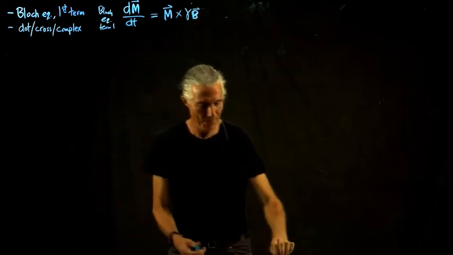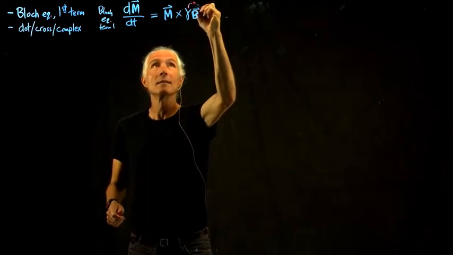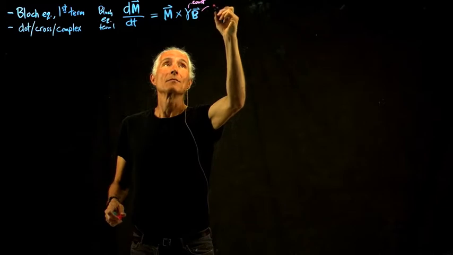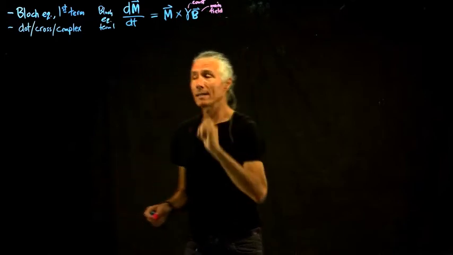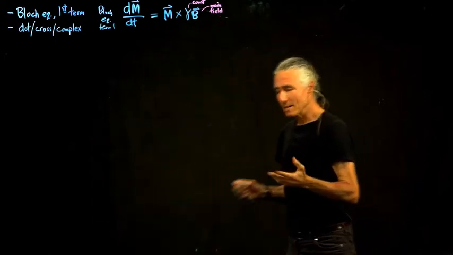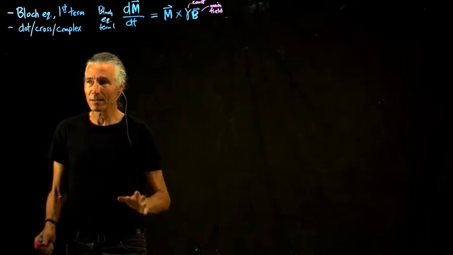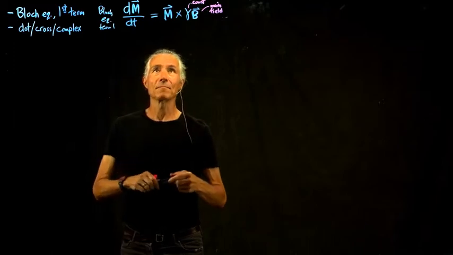This guy is a constant, and this is just the main field. This equation can deal with gradients and with the RF, but we're not going to have any gradients on and no RF, so we're just trying to understand the precession.